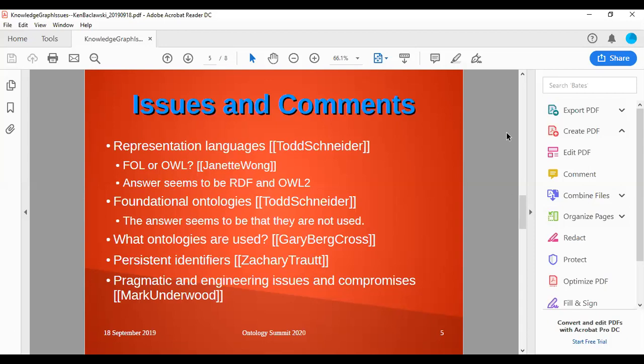I mean, Cyc is the closest thing there is to developing that project. They started off in 1984 with the idea that they would have a single top-level ontology, and then they would break it down. It only took them 5 years to discover that a single top-level ontology is not possible, and they had to break it down into contexts and microtheories.